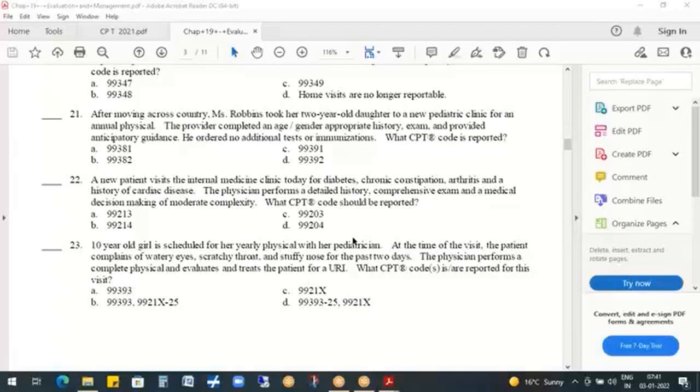Second rule: is the initial place of service and the treatment ended place of service the same or different?